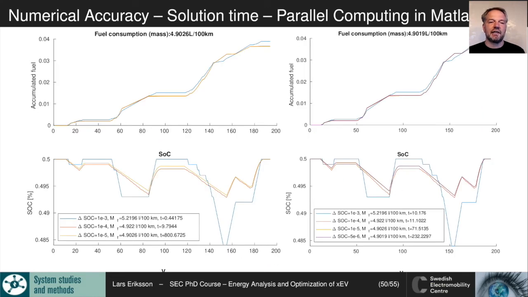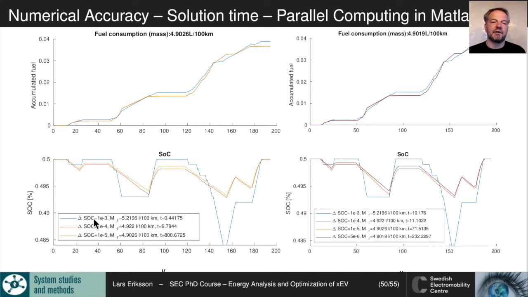Here comes a case study where I have done some simulations using parallel computations and normal computations. And in the normal computation we see here that they scale, and you see here the size of the state of charge window, and you can see how the solution changed.